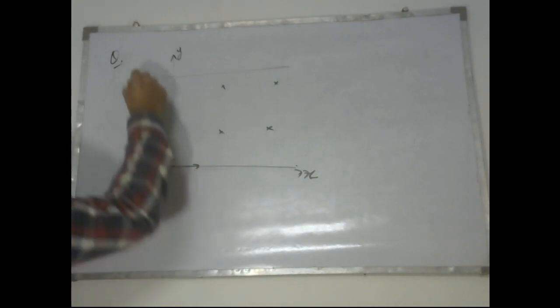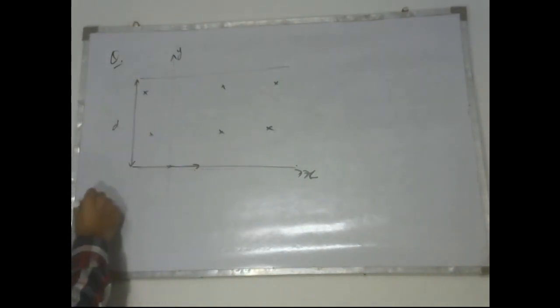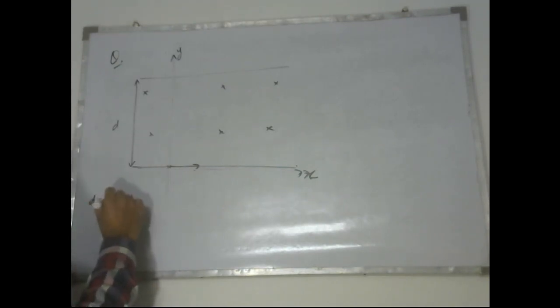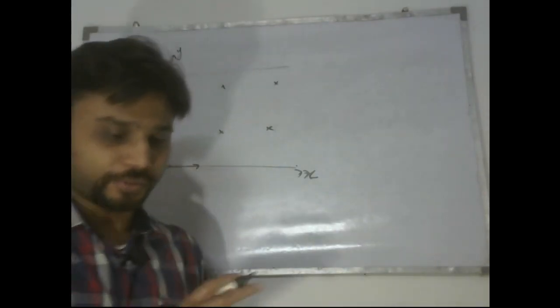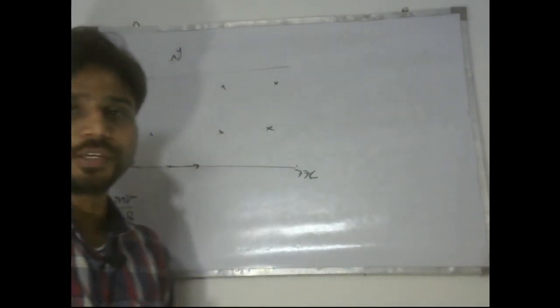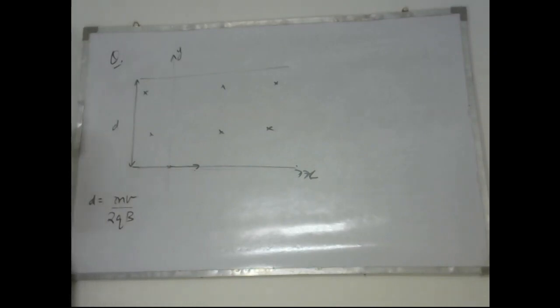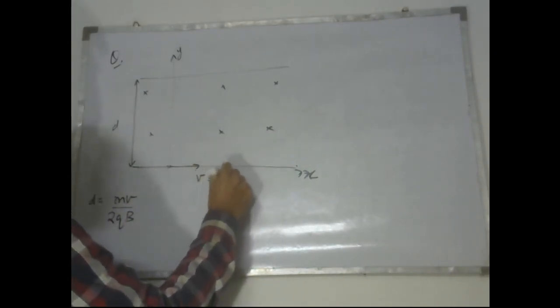We are given that the field is in a region of width mv by qB divided by 2. This is the width of the region of the field, mv by 2qB, and we are given that the velocity of the charged particle is some v, it is v i cap.